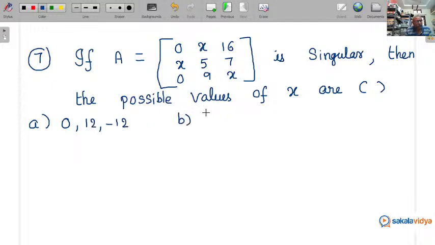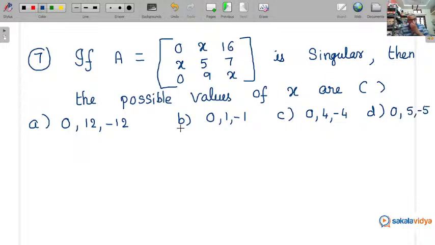Option B: 0, 1, minus 1. Option C: 0, 4, minus 4. Option D: 0, 5, minus 5. So that means very simple. If A is singular, remember this concept, A is singular.